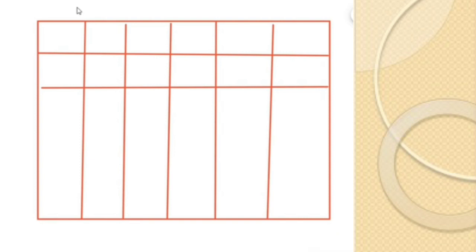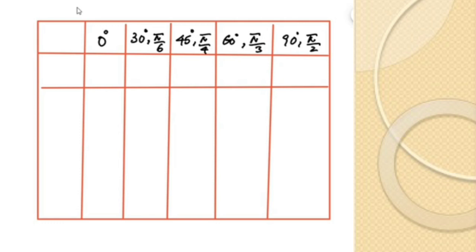Okay, so here we have 0 degree or angle 0, 30 degree or pi over 6, 45 degree or pi over 4, 60 degree or pi over 3, 90 degree or pi over 2.